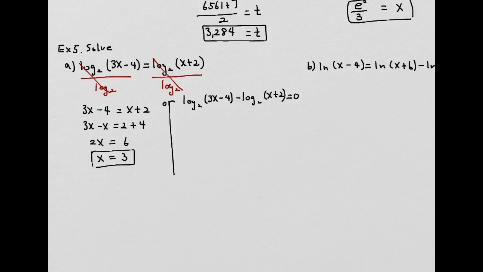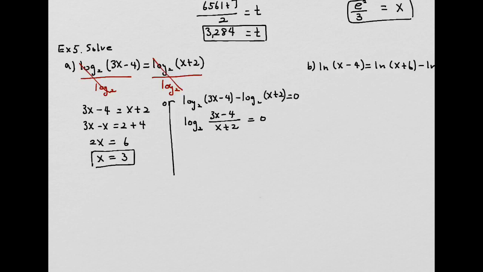So if I want to make a single logarithm, this is subtraction, so this will change to division. And then, once it's a single logarithm in standard shape, I can change it to exponentials like I did in example 4.